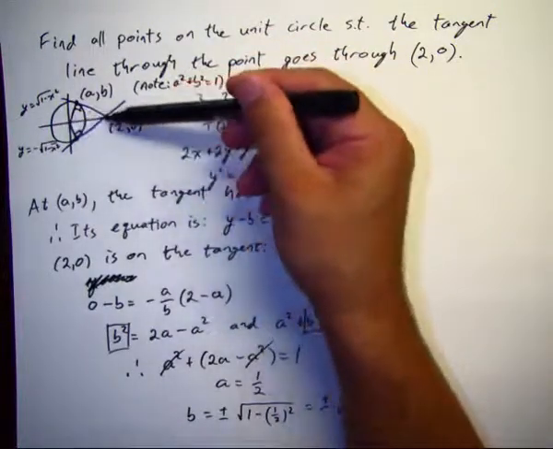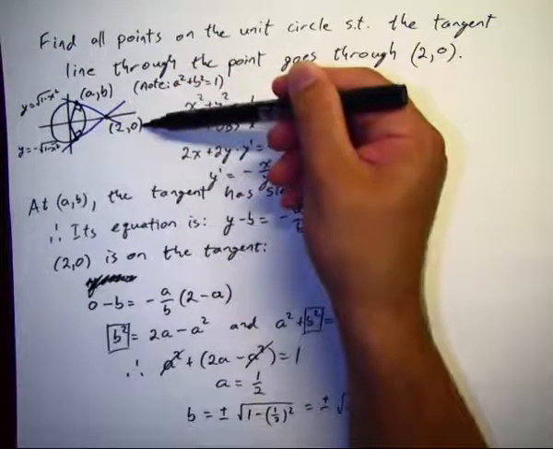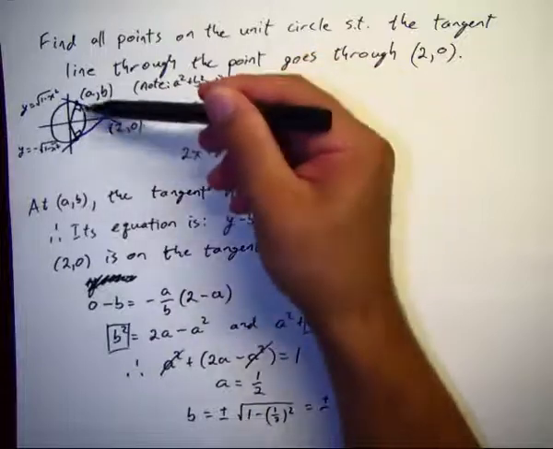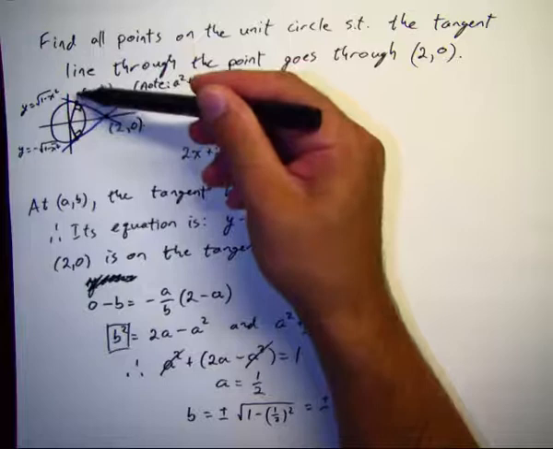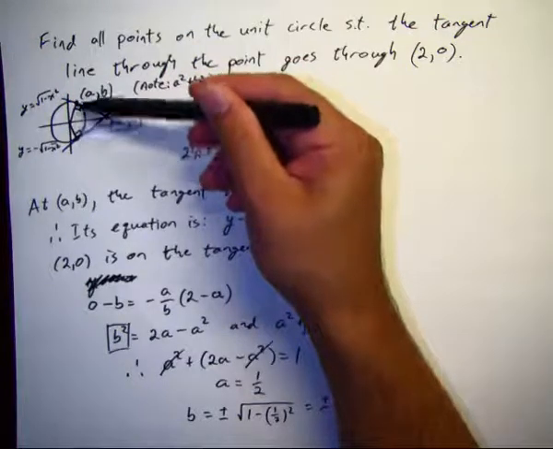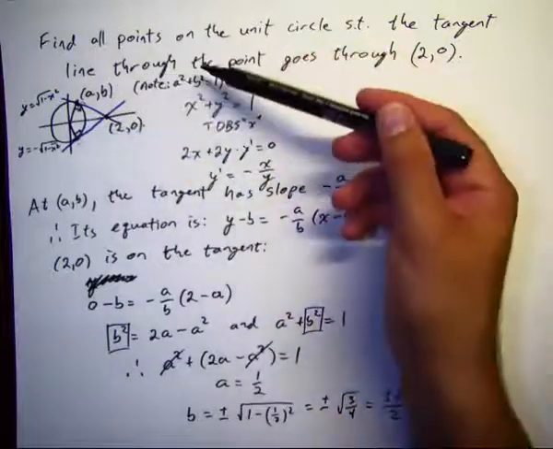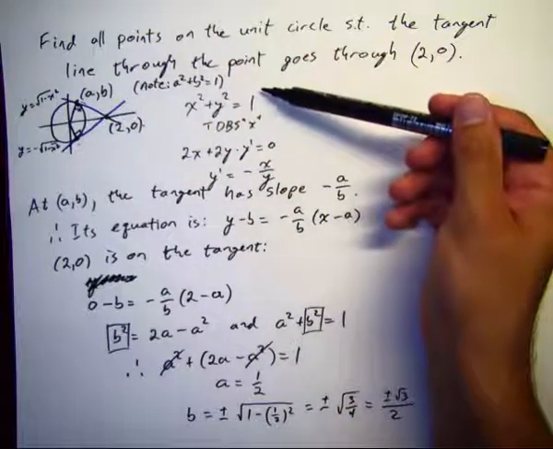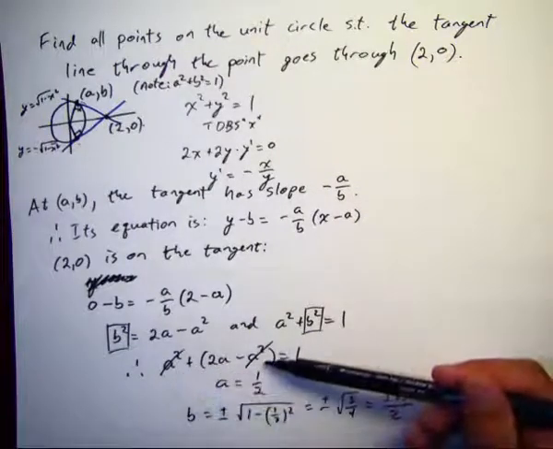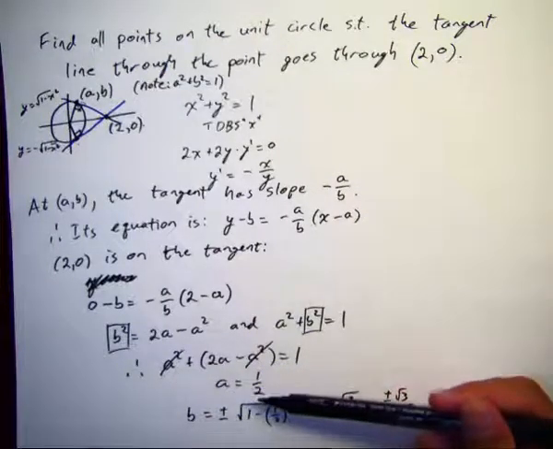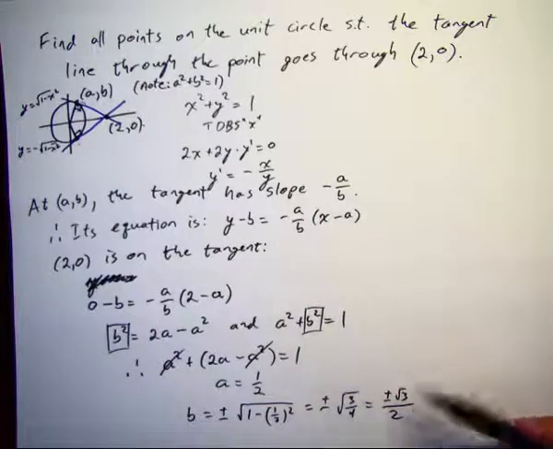Because we go at (2, 0), we're on the x-axis for this point, we can expect, because of the symmetry of the circle itself, the x value to be the same for both of our points. That's not something that has to be obvious immediately, but it becomes obvious once the a squareds cancel and we end up with just a single value for a.